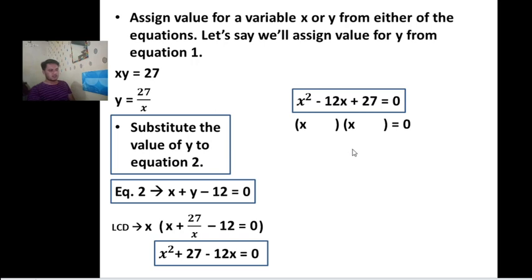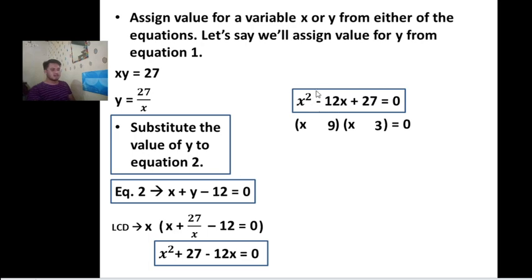Now, we have 9 and 3. So, what would be the sign? Is it positive or negative? The sign will depend on the sign of the middle term.